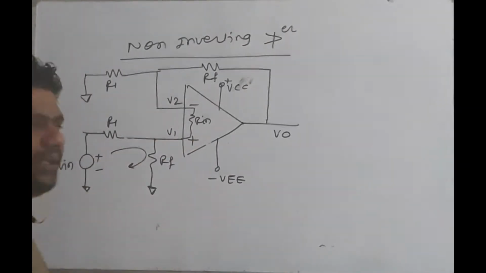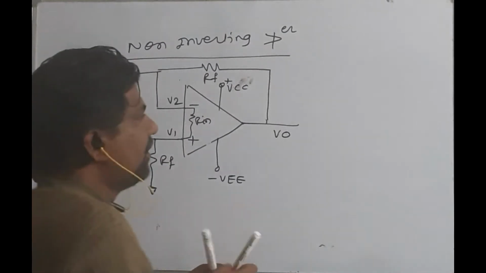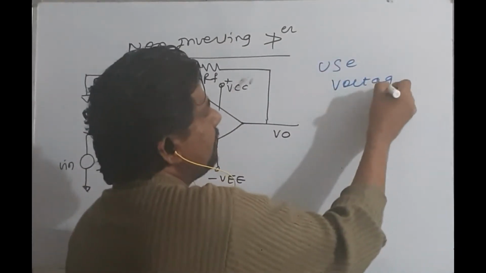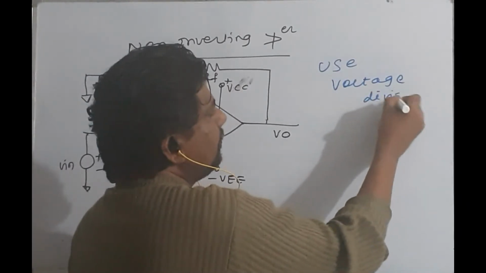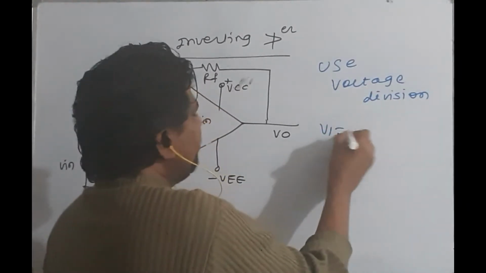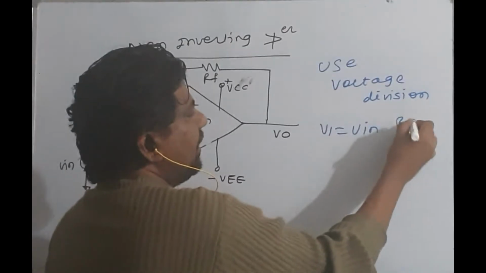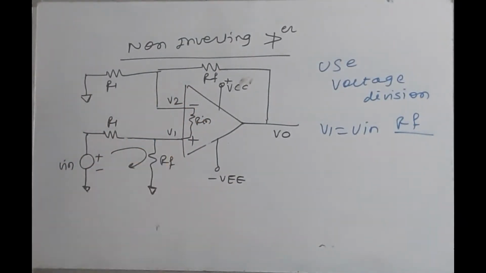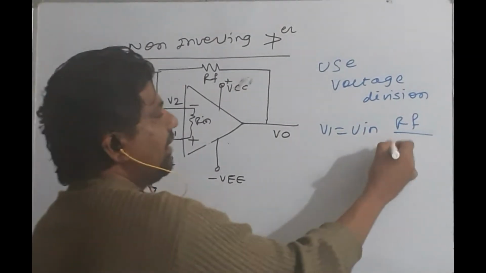So let us apply the voltage division rule. What is V1? V1 is equal to Vin into Rf, the voltage across Rf with reference to ground, divided by R1 plus Rf.